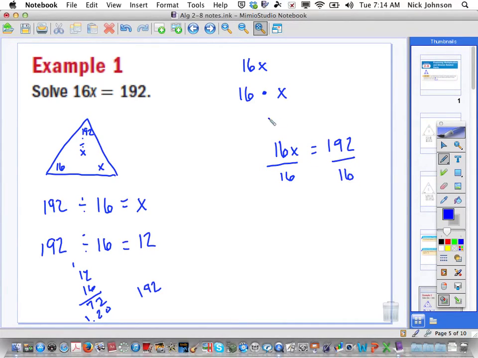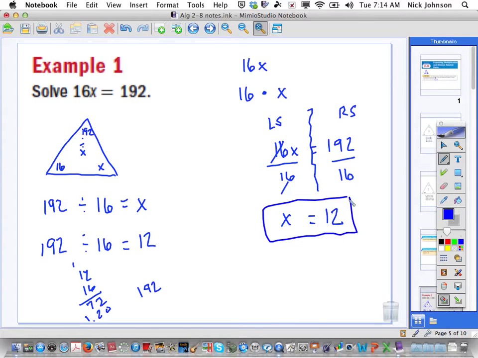Whatever I do to the left side, I have to do to the right side. This is my little river on the equal sign. So 16 divided by 16 gives me x, which is what I want. That's my unknown. 192 divided by 16, we all know, is 12. Moving along.